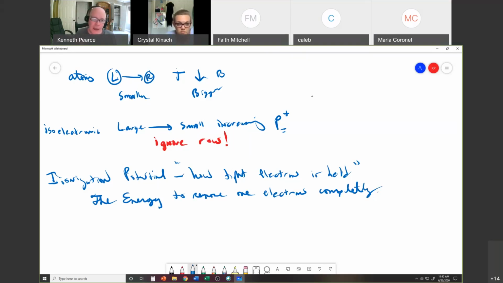All right, and it is related to this guy right here. What's holding the electron on? The protons, right? And so what's determining the size? As you go from left to right, it gets smaller, right? Why does it get smaller?